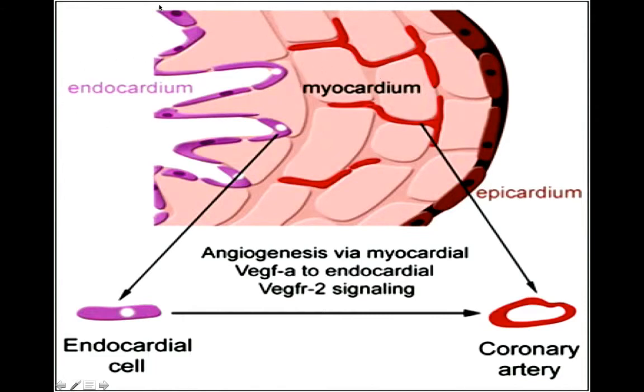So the endocardium is the innermost layer of the heart, and it's formed by only a single layer of cells. They're called endocardial cells, and they line the cavities of the heart, and also the first part of the big vessels that come and go away from the heart.